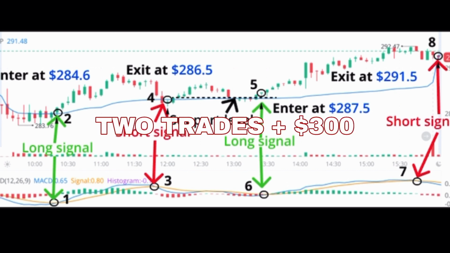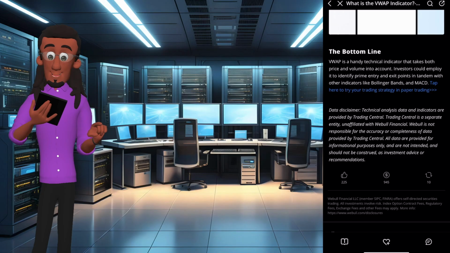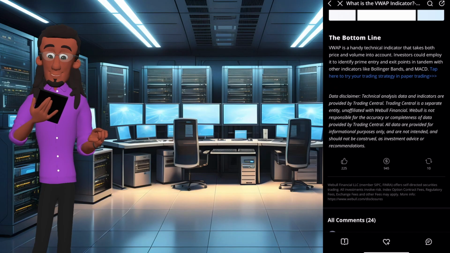So the bottom line, the VWAP is a handy technical indicator that takes both price and volume into consideration. Investors could employ it to identify prime entry and exit points in tandem with other indicators like the MACD or the Bollinger Band. More on the Bollinger Band later.